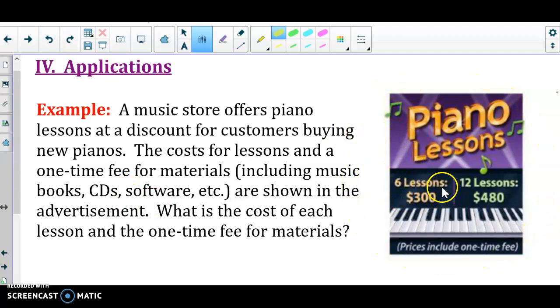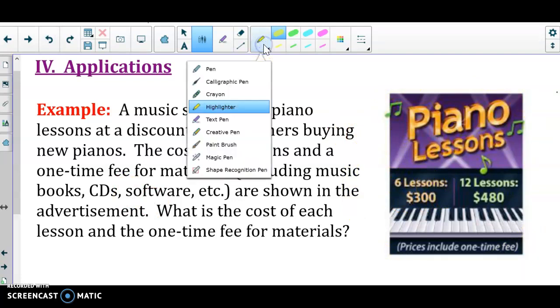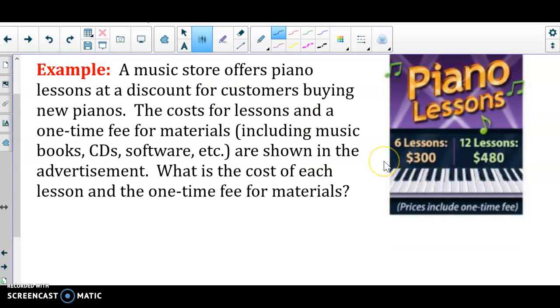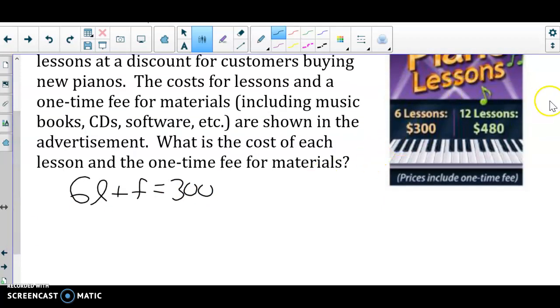Okay, well, let's take a look at the equation I'm going to construct based off of the first situation. It says that I've got 6 lessons, so I'm going to call it 6L, plus a one-time fee, so plus, I'll call it F for fee. That's going to run me $300. And then I can do the exact same thing with the other situation: not 6 lessons, 12 lessons. 12L plus my fee equals $480.